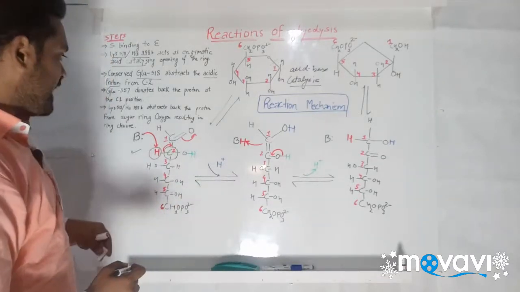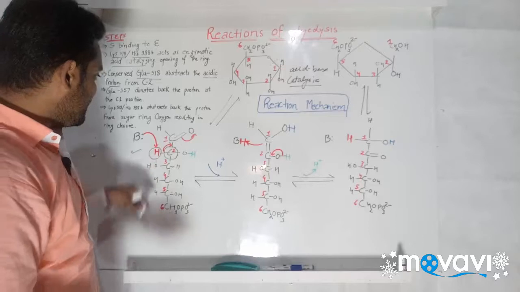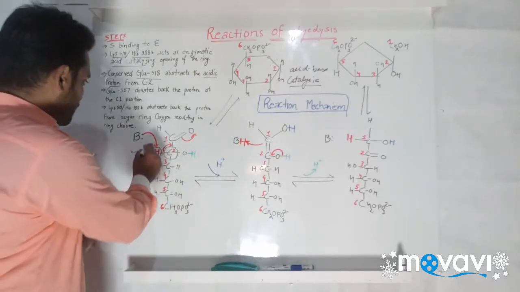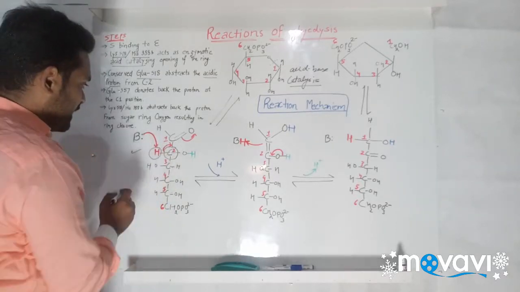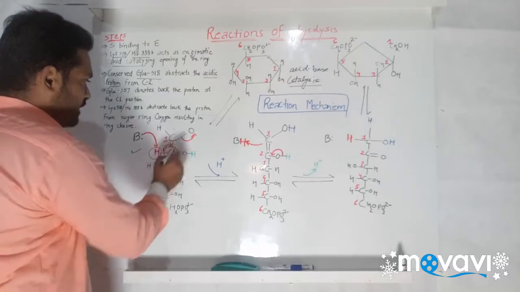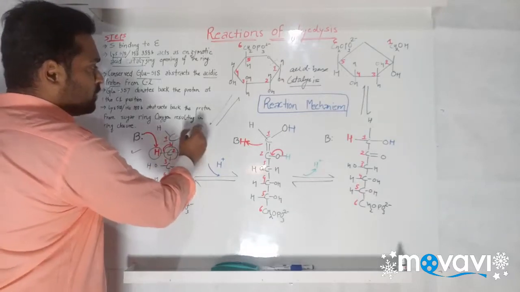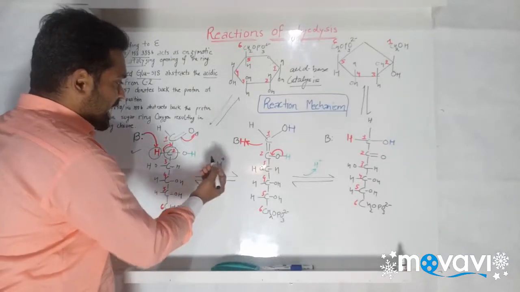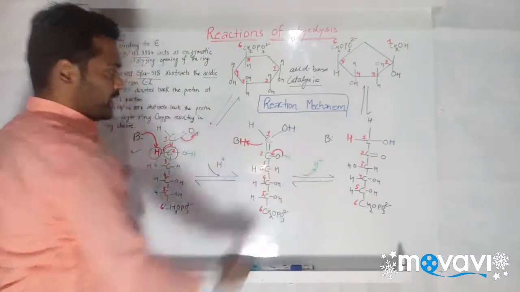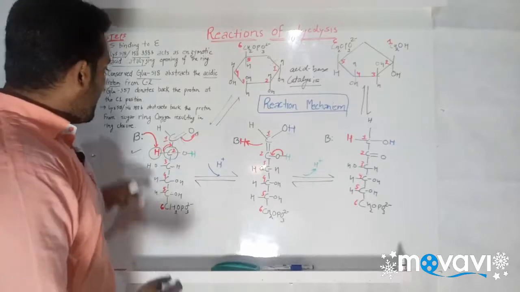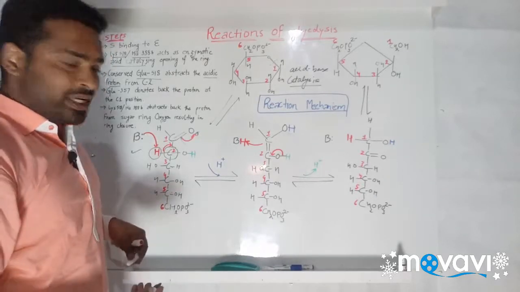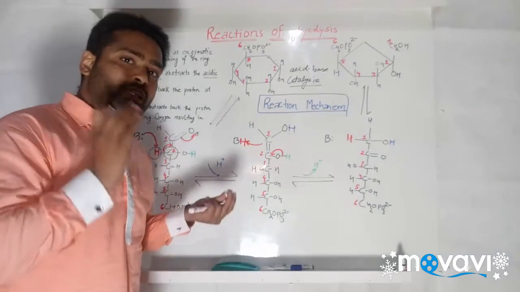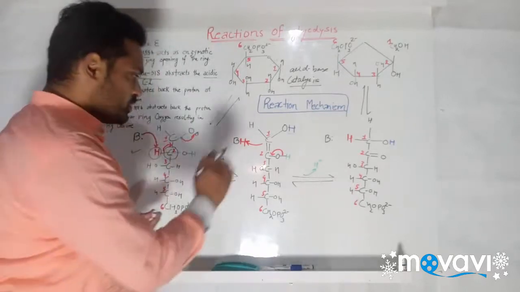The second step is that when it abstracts the proton from here, this bond will go here, and it will form a negative charge, and in the process it would get an H positive ion to make it OH. Then after abstracting the proton, it gives back the proton again.